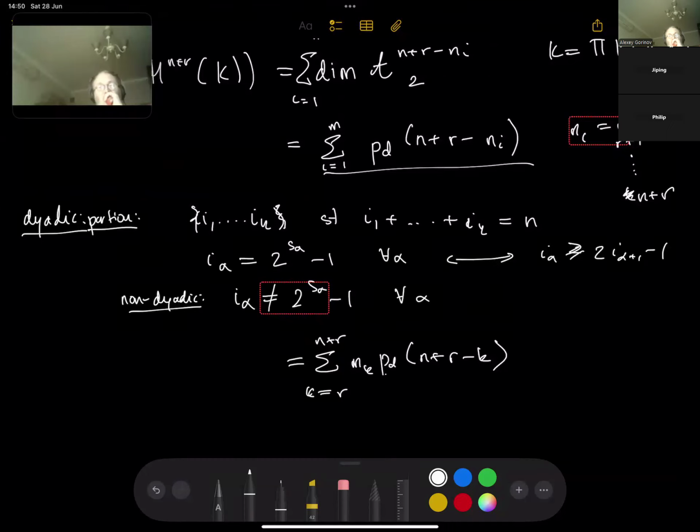So we multiply the partitions of n plus r minus k by m_k, and we do this for all k between r and n plus r. Is it clearer, Jipping? Yeah. Okay.